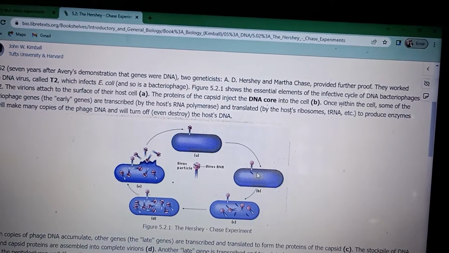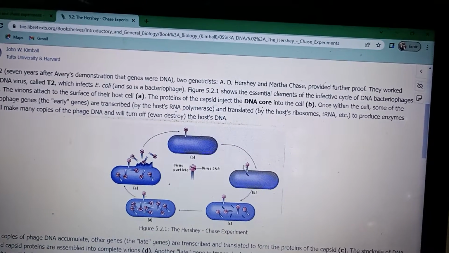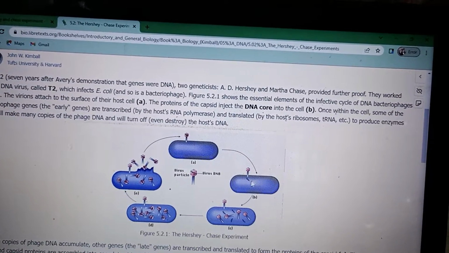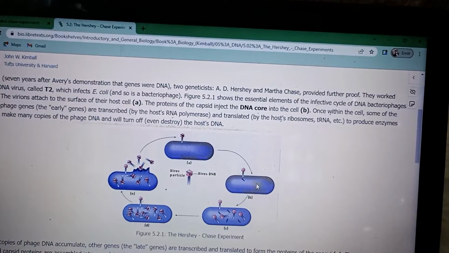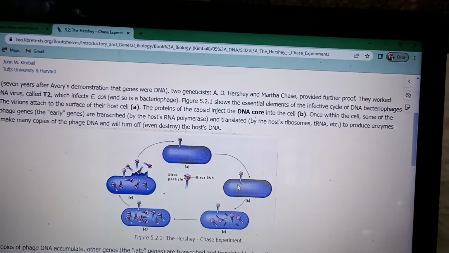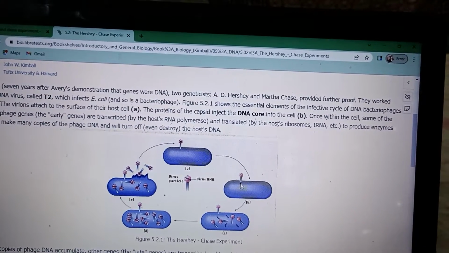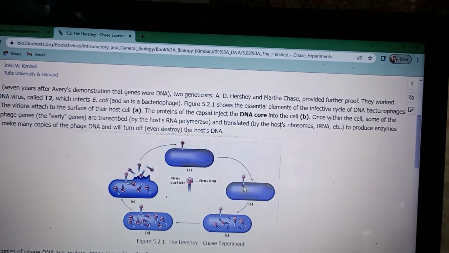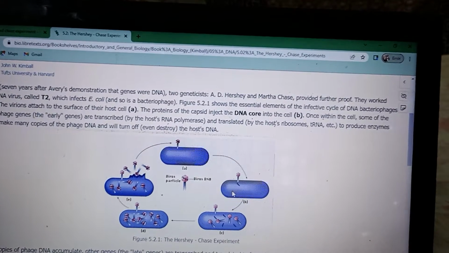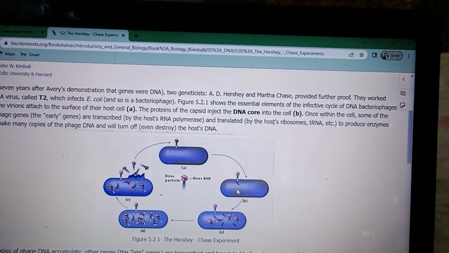Okay, and after that, the host mechanisms are governed by the bacteriophage. So the RNA polymerases present inside the host cell directly transcribe the genes released by the bacteriophage. So automatically the bacterial RNA polymerases will transcribe the phage DNA.